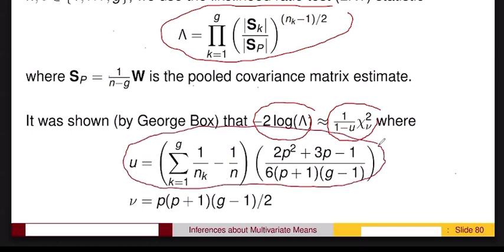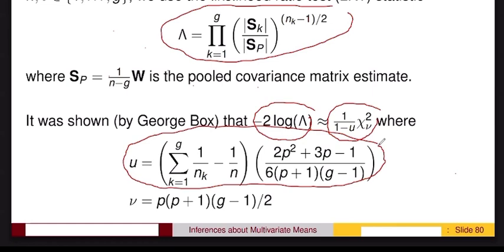P is the number of variables in each group, and G is the number of groups that you're comparing. Of course, N is the number of observations in general, and N_k is the number of observations in a particular group. That makes sense?